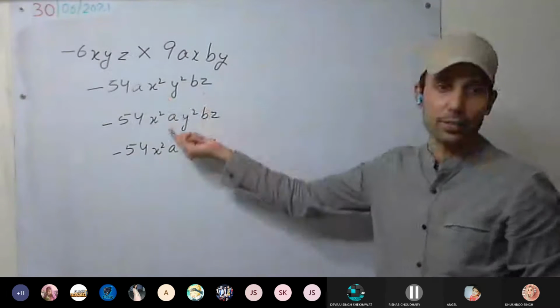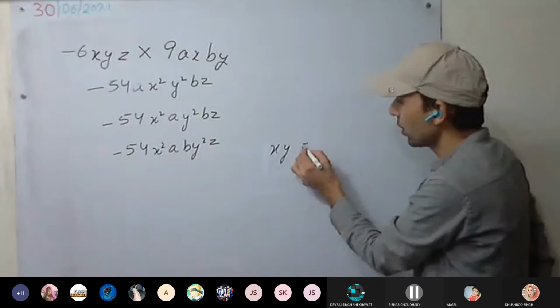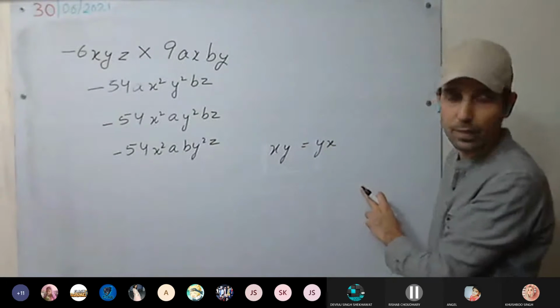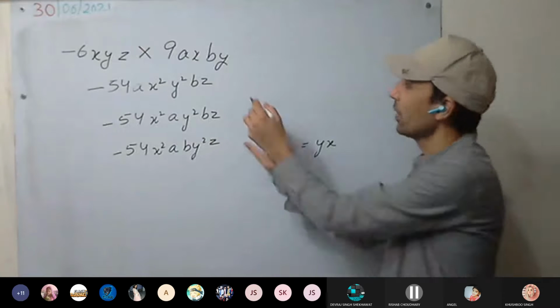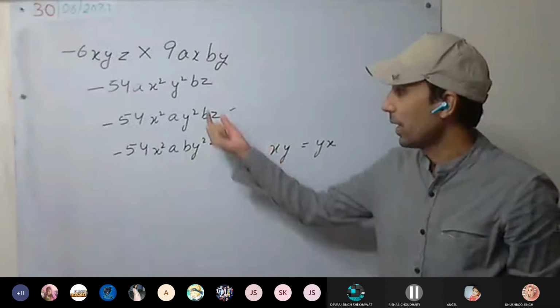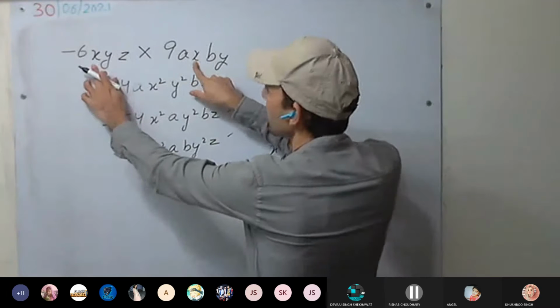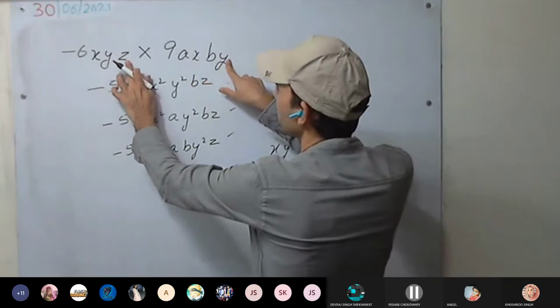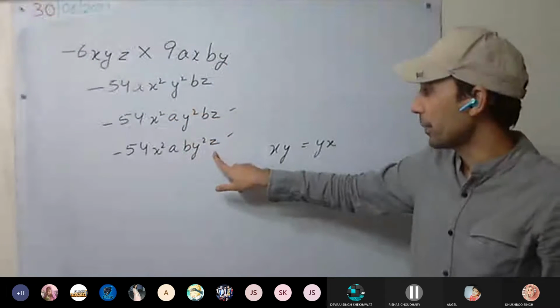In multiplication it does not matter whether you write xy or yx. They are the same because multiplication follows commutative law. So all three are the same thing. In any order you can write these variables.